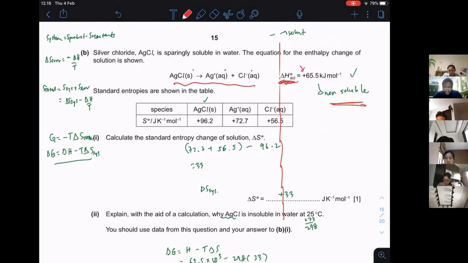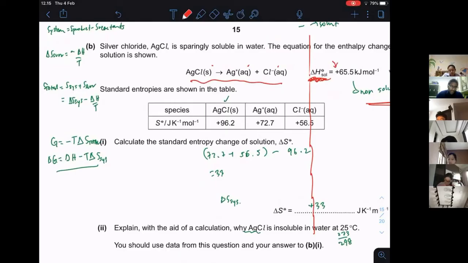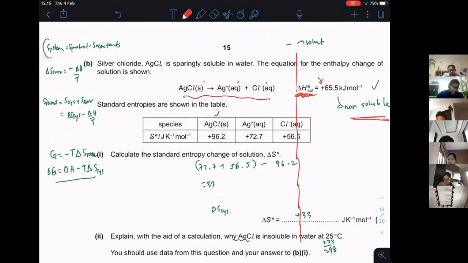If I want to do that, it's quite simple. If you revise back about the formulas involved: the entropy of the system equals the entropy of the products minus the entropy of the reactants. Entropy of the surroundings is going to be negative delta H divided by T. S total is the entropy of the system plus the surroundings.